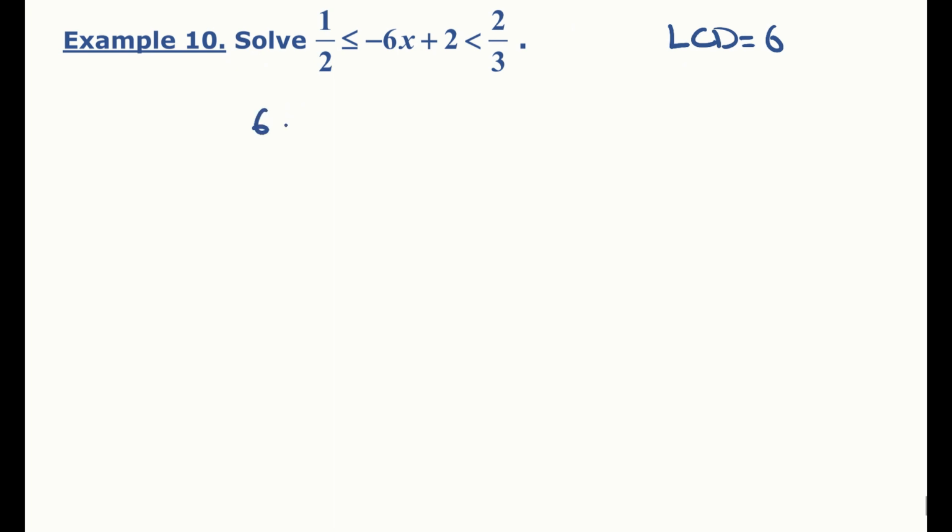So we go 6 times 1/2 less than or equal to 6 times negative 6x plus 2 less than 6 times 2/3. So now we will go ahead and cross cancel what we can.